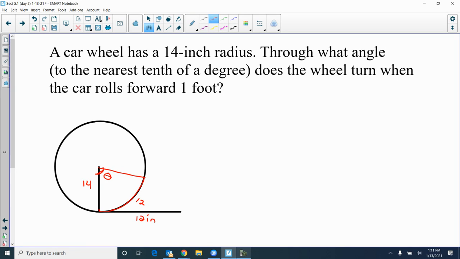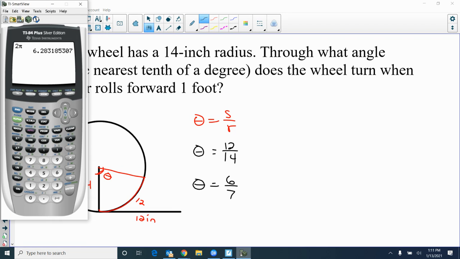There's your angle. It's easier to just use radians, theta equals S over R, so I'm going to start with that. Theta equals my S, 12, divided by 14, which I can reduce to 6/7. Now you can find that decimal, 6 divided by 7, but that's not our answer because that's in radians.